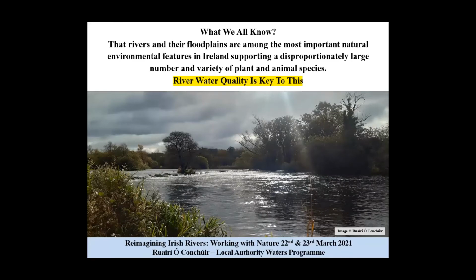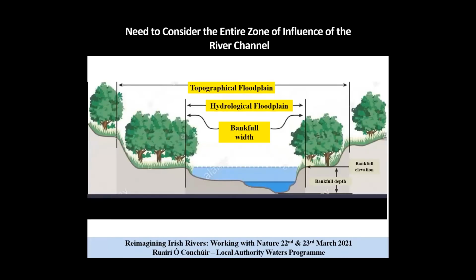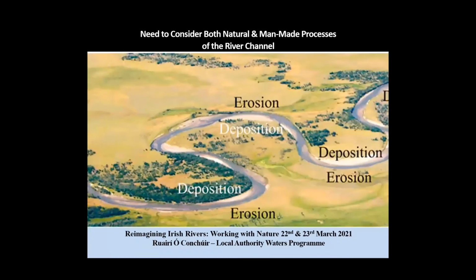And when we consider a river, as Fran said, we're not just looking at the river channel, we're also looking at the hydrological floodplain and the bank elevation level. So we want to consider a number of aspects in terms of the topographical floodplain when we look at a river. A river, as you know, back to your Leaving Cert days, is a natural process of deposition and erosion.